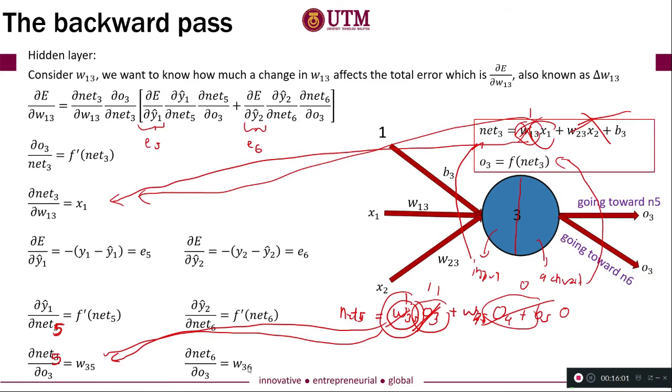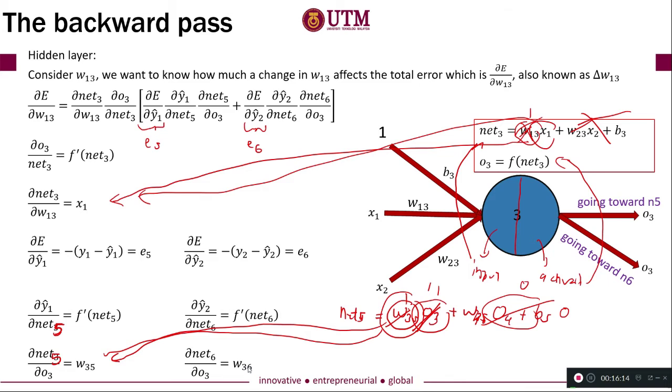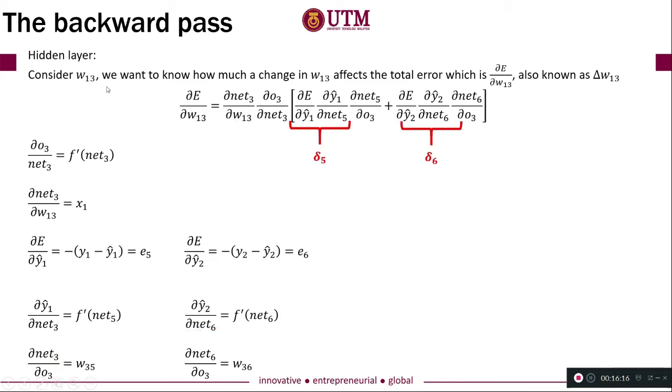And again, from this expression, the one that I call again is the same expression as before. You don't have to worry. I just bring it to the center, and you find that this is our delta 5, and this is our delta 6, which are del E over del net 5 and del E over del net 6.